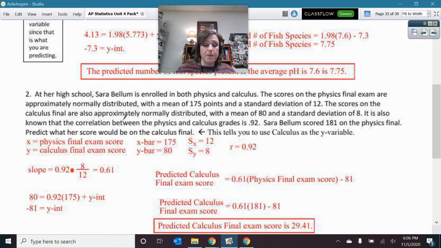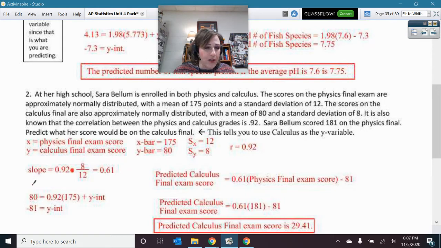So I labeled my x and y values, and then I identified the x bar, y bar, s of x, s of y, and the correlation. The slope is r times s of y over s of x, variation in y over variation in x. So there's my slope of 0.6.